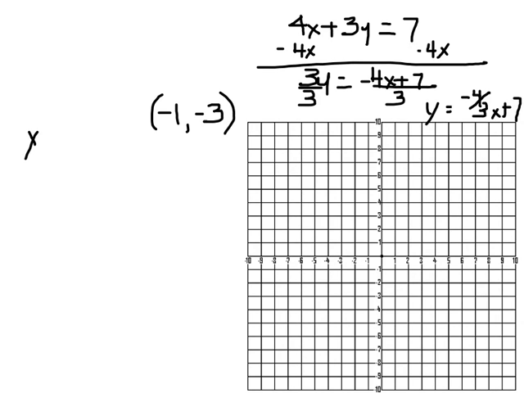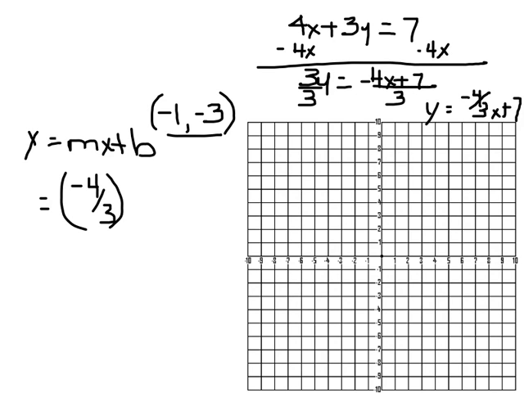So if we're going to try to find y equals mx plus b, and we know that m is negative 4/3, I'm just going to put that in parentheses. And here, if this is our set of points, then negative 3 is the y point, and negative 1 is the x, plus b. So negative 3 is equal to positive 4/3, because negative 4/3 times negative 1.